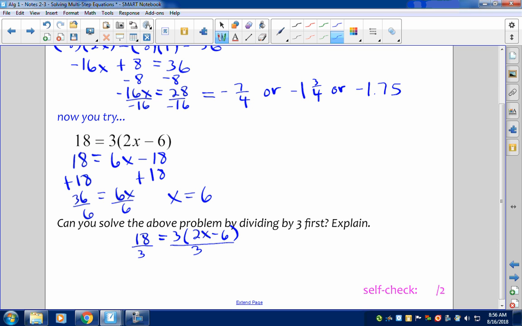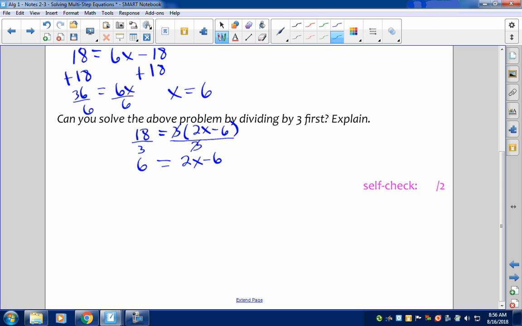This will cancel the 3's here, leaving just 2x minus 6. 18 divided by 3 is 6. And if I add 6 to each side, I have 12 equals 2x. So by dividing each side by 3, right off the bat, I'm canceling out the 3, leaving just what's in parentheses. And then divide by 2 here.